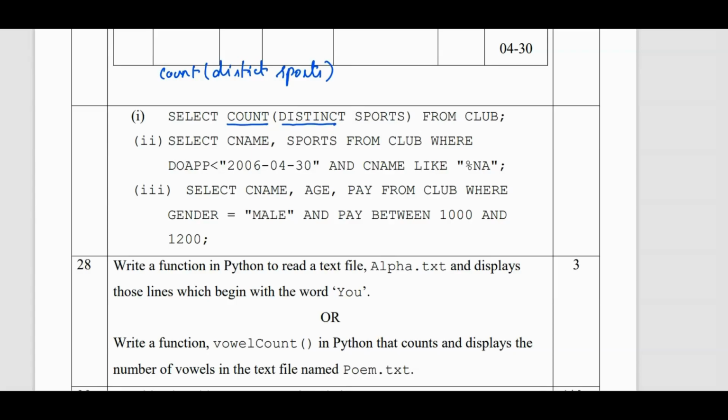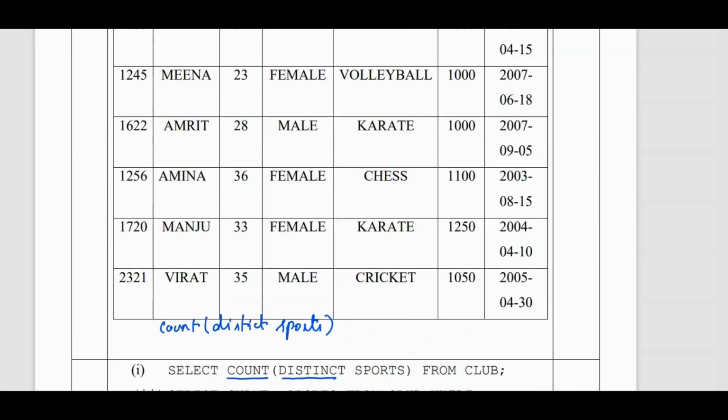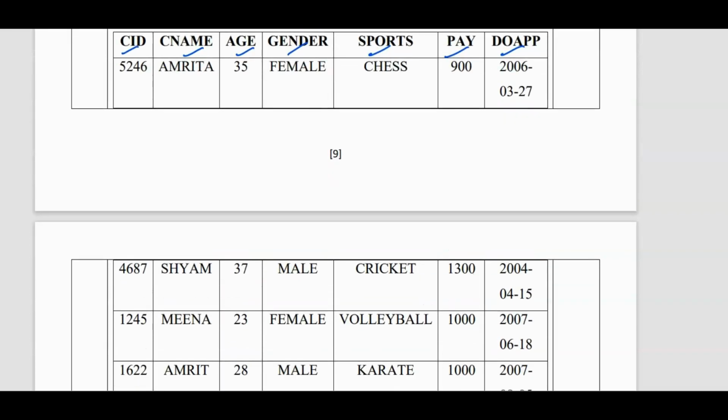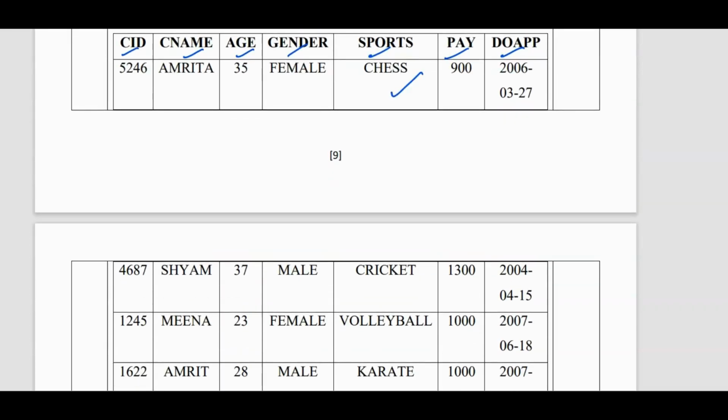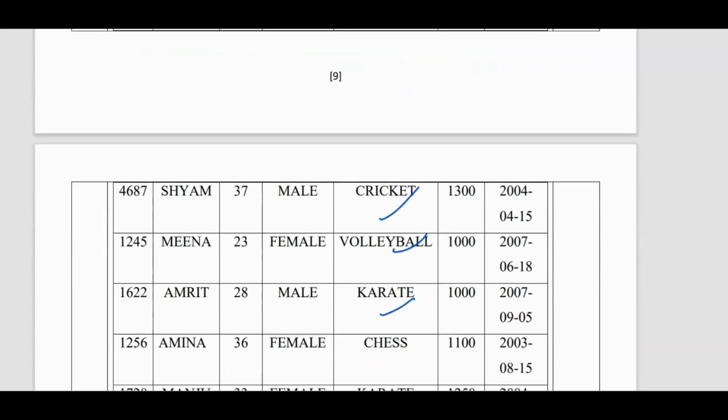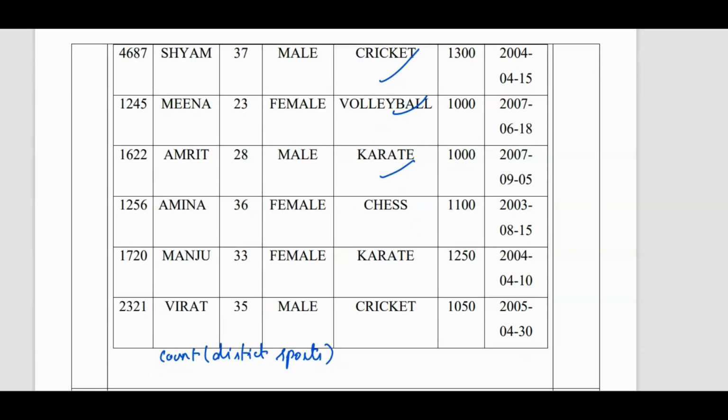Let us see what the names of the sports specified under the sports column are. They have specified chess, then cricket, volleyball, karate. Then chess comes again, so this is a duplicate value and will not be taken into counting. Karate is also a duplicate value, and cricket is also a duplicate value.